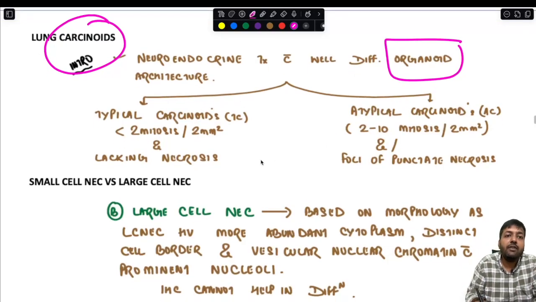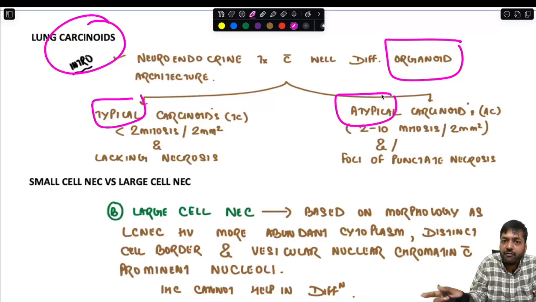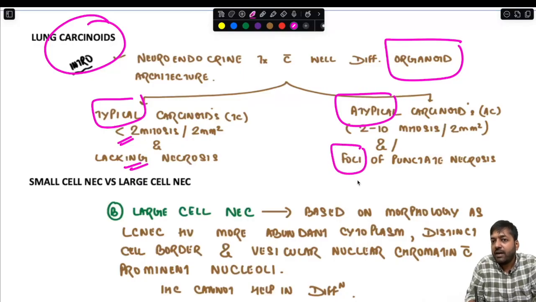So how do you differentiate the typical carcinoid from the atypical carcinoid? If there are less than 2 mitoses per 2 mm square and they lack necrosis, it is a typical carcinoid. If the number of mitotic figures ranges between 2 to 10 per 2 mm square, with foci of punctate necrosis, then this is an atypical carcinoid.